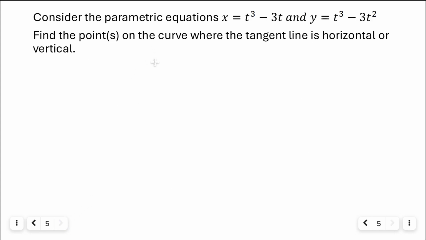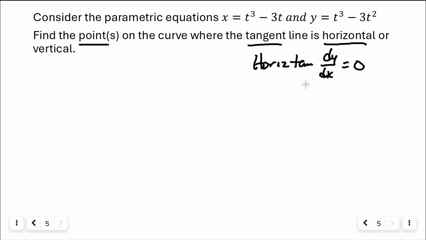All right, finally, let's talk about these two parametric equations. Let's try to find the point or points on the curve where the tangent line is horizontal or vertical. If a tangent line is horizontal, that means the derivative dy/dx would have to equal 0, right?